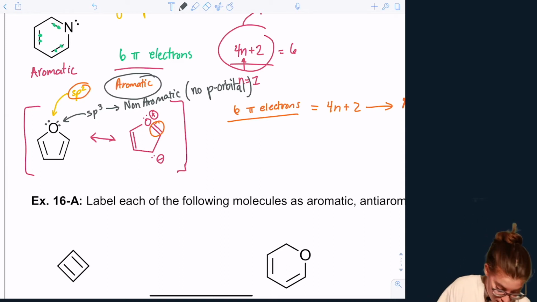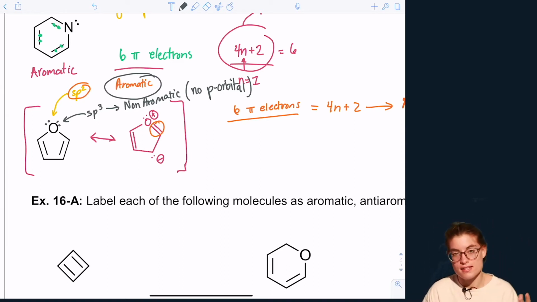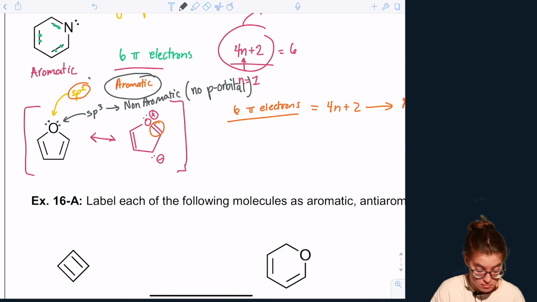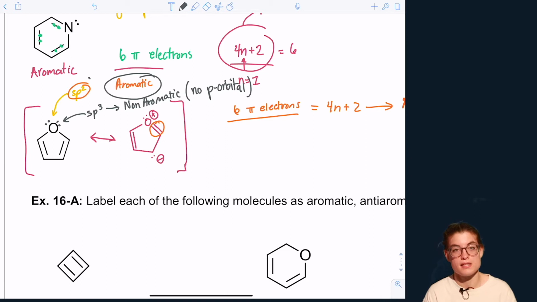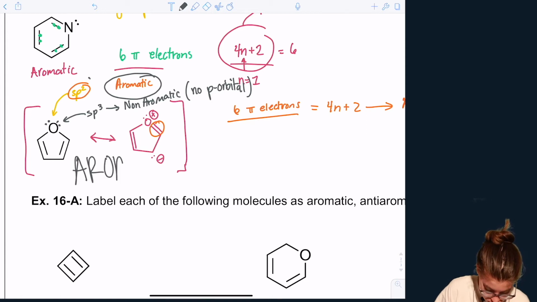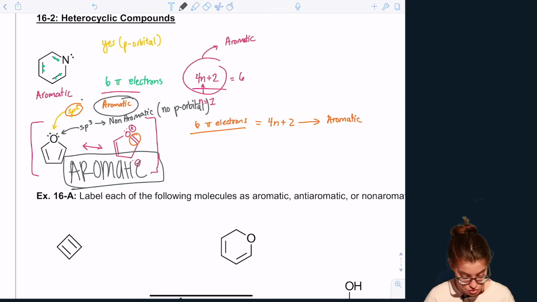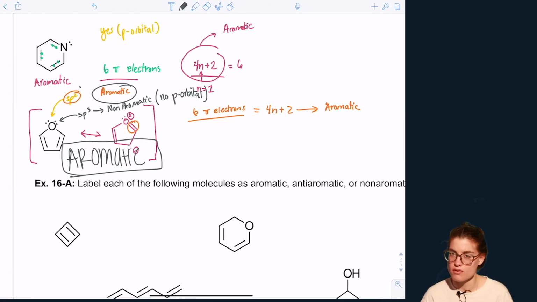So the oxygen here kind of chooses, it's not like these are sentient, but the oxygen basically is sp2 hybridized because it allows the molecule to be in a more stable state. And so this molecule is aromatic. So that's a pretty tough one. That's why heterocyclic compounds are usually pretty tough. You probably won't get that on the PCAT, but if you're in a lecture class, you might need to know that.